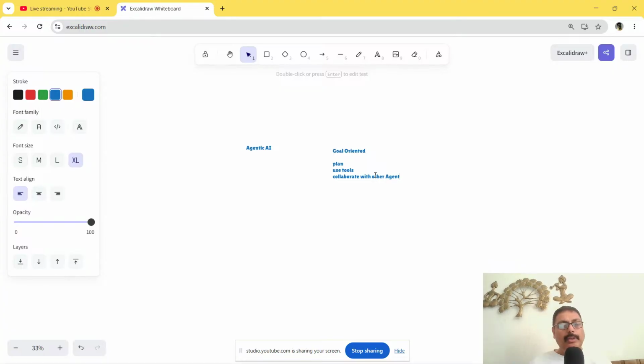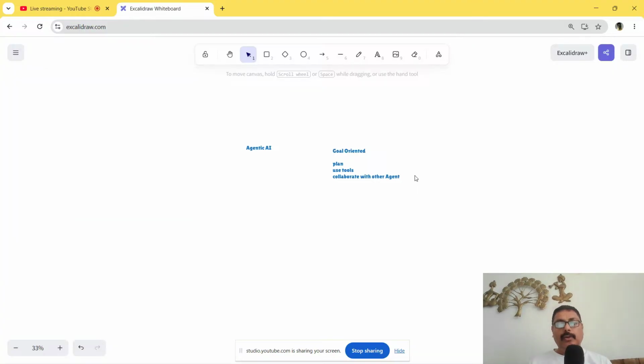When we are talking about all these things, we are talking about how these things will be possible. So we are now talking about planning, reasoning, and memory. Memory, why? Because if multiple agents are working together, what one agent has done, that information is passed to another agent for further work on that task. So memory is very much required.